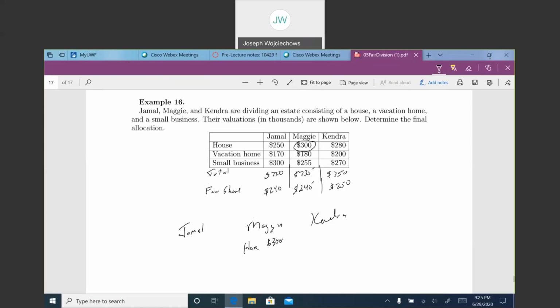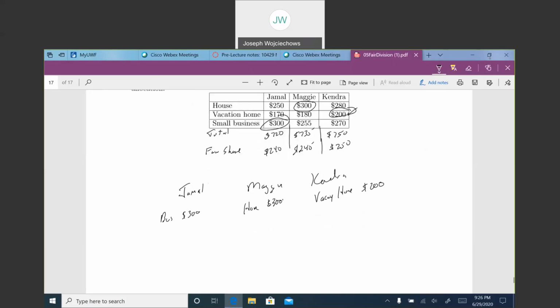Okay, vacation home. Looks like Kendra gets the vacation home, valued at $200,000. And it looks like Jamal gets the business, valued at $300,000.